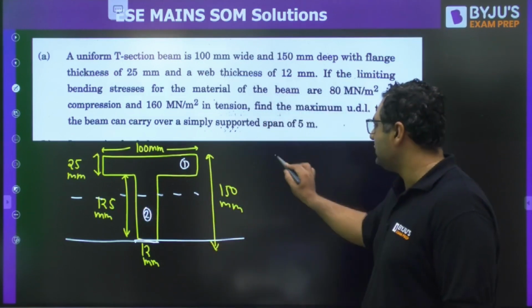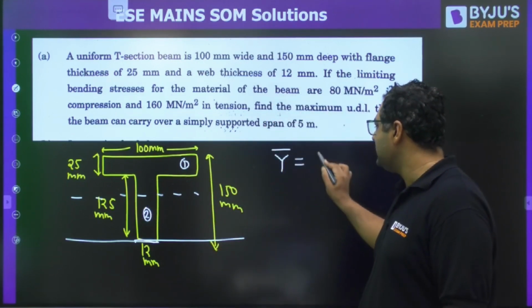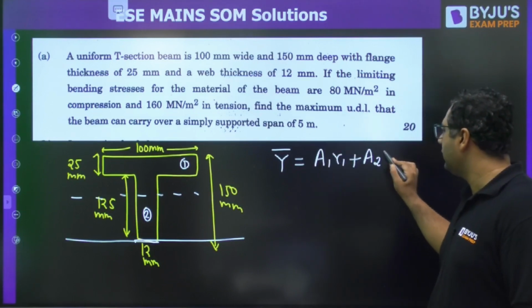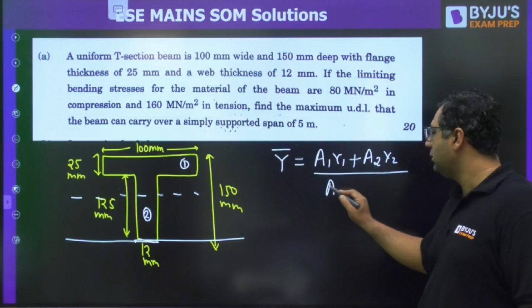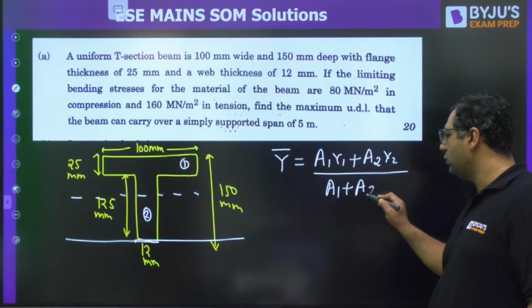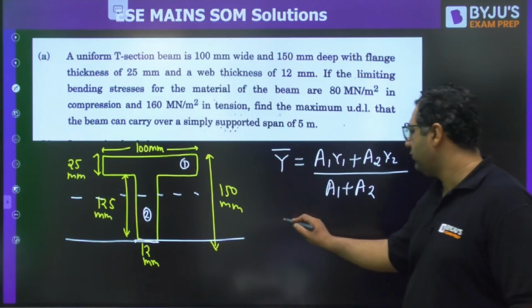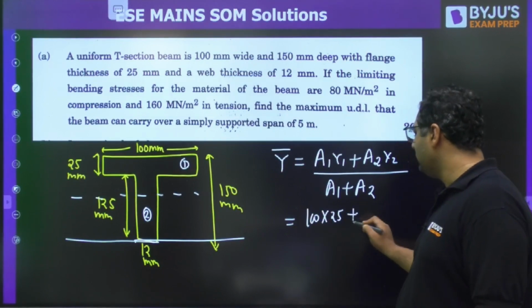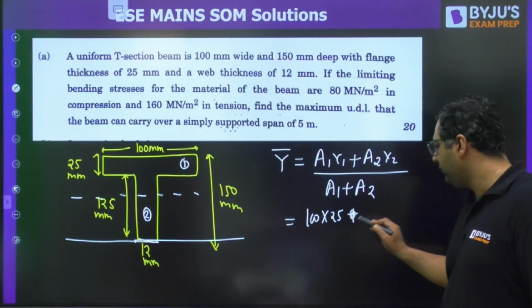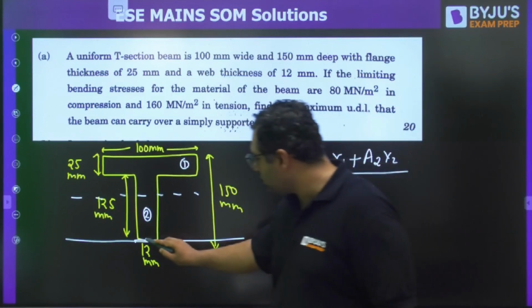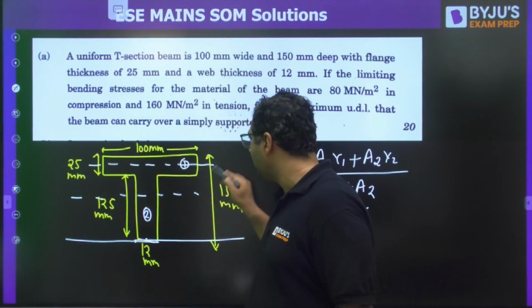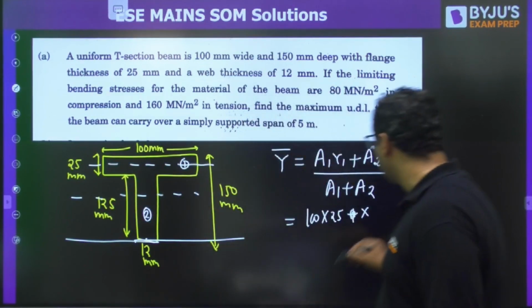And you can find the centroid position as A1 Y1 plus A2 Y2 by A1 plus A2. So the first area is 100 into 25. Then you find Y1, taking from the origin, from 0. So this will be 125 plus 12.5, 137.5.